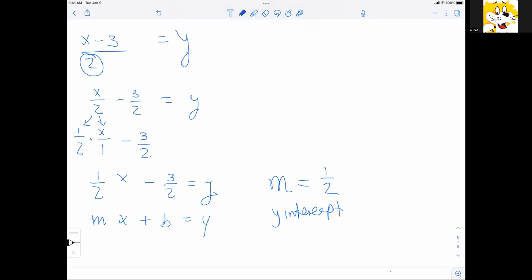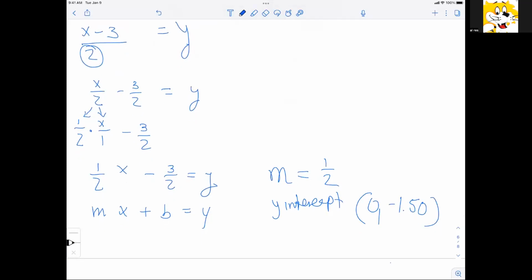What's my y-intercept? What's 3 divided by 2? 1.5. That's right. So I'm going to get 0 comma negative 1.5. So how do I draw that?